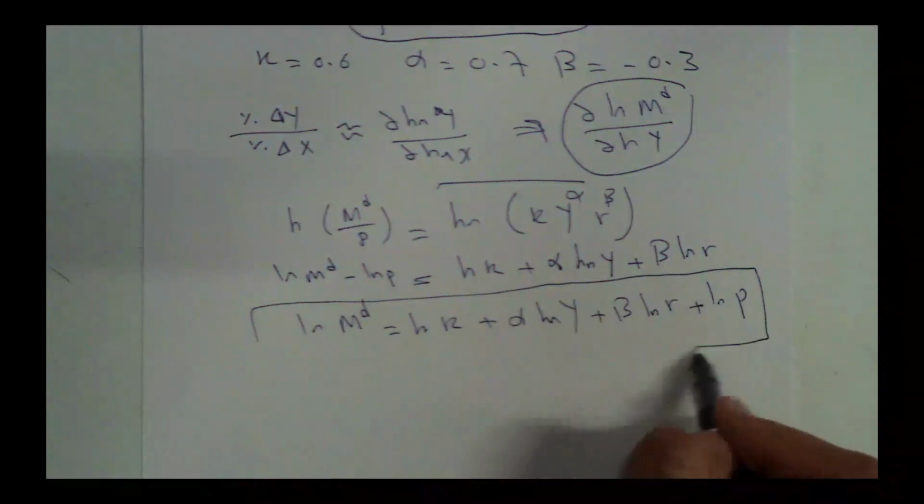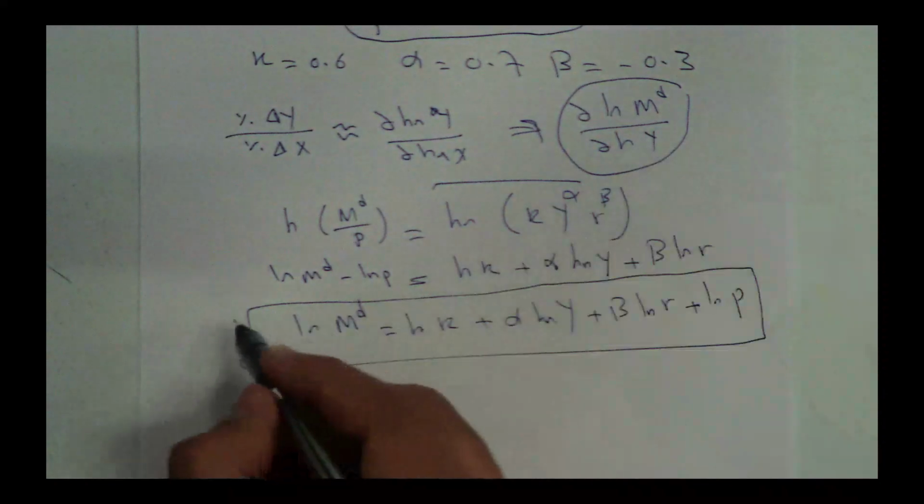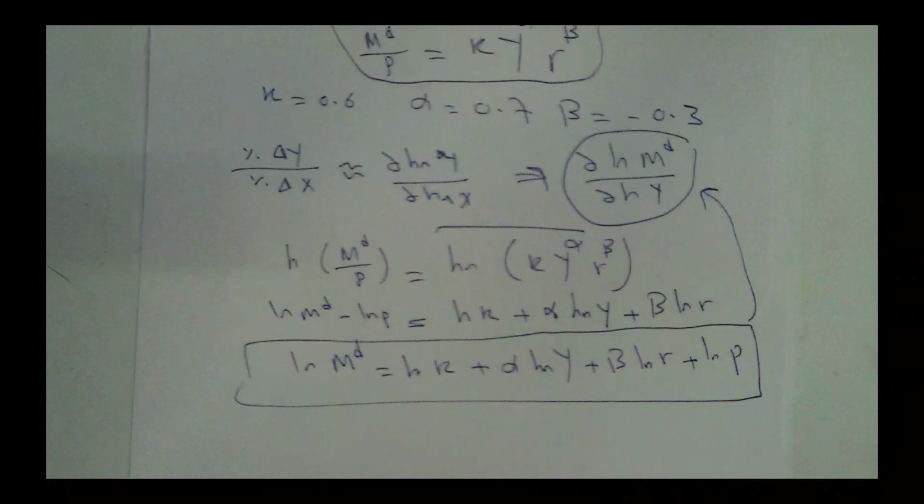Now from here you can really get the elasticity, which takes you back to this point. That's what elasticity means in this context. You just need to differentiate this with respect to Y to get the income elasticity, or with respect to R to get the interest elasticity.